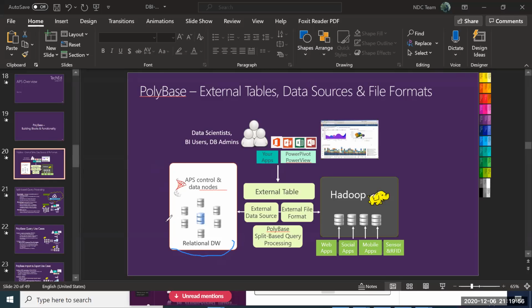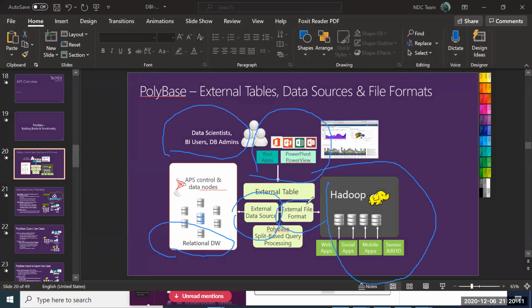You can see here relational data. Here is Hadoop, and this is where the team that processes data gets it from. Here is all of the Office stack, and you have external data source, external data format, external table, and Polybase here, which helps facilitate the query processing across all of this architecture.